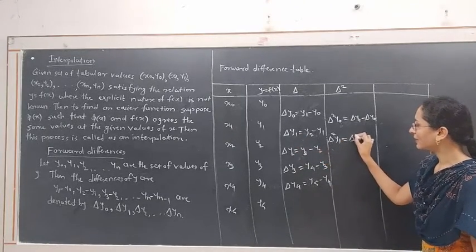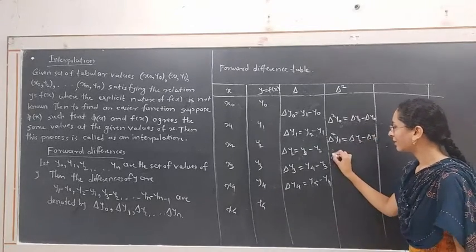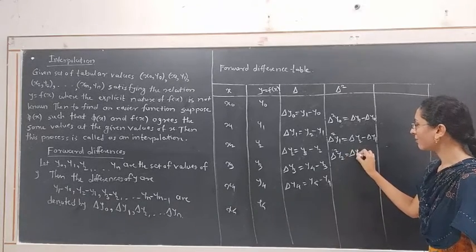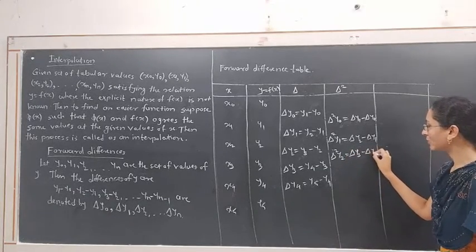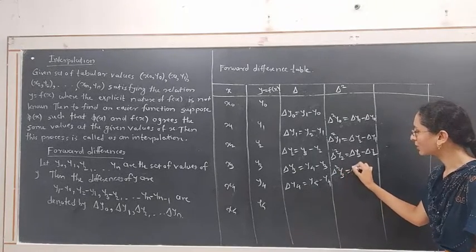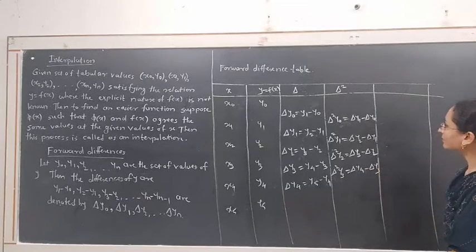This is equal to del y2 minus del y1. Del square y2 is equal to del y3 minus del y2. Del square y3 is equal to del y4 minus del y3.